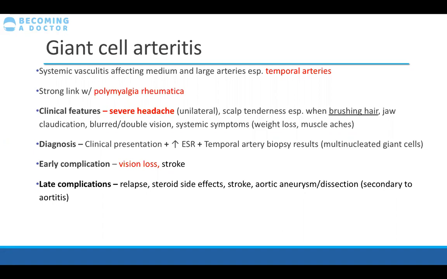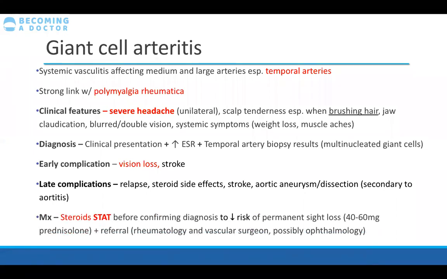So because one of the complications is so severe, vision loss, you want to start them on steroids immediately before even confirming the diagnosis. So if someone comes in, you have a clinical suspicion of giant cell arthritis, you start them on steroids stat before confirming, and that's to reduce the risk of permanent sight loss.